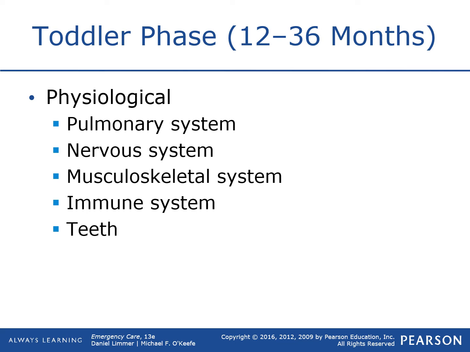They have the sniffles, a lot of minor little illnesses that usually resolve within a day or two because your body will build up the antibodies and fight it off, but they will be sick for a little while. Also, this is where your primary teeth start to come in. That's the first set of teeth, or your baby teeth, as some people call them.